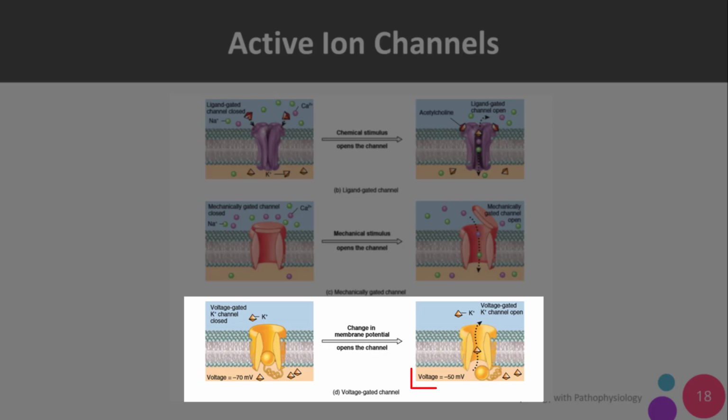The gate, which in this picture is a voltage-gated potassium ion channel, will open and potassium will rush outside of the cell. Please take note that once we reach a certain membrane potential, for example at positive 30 millivolts, which is the highest voltage point, the voltage-gated ion channel will close or be inactivated.